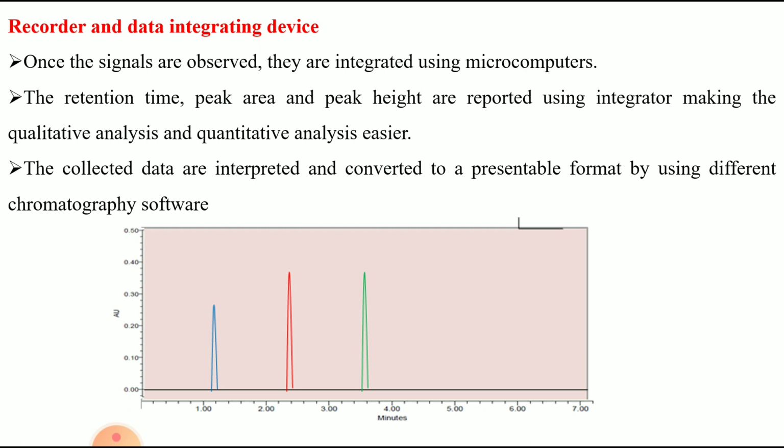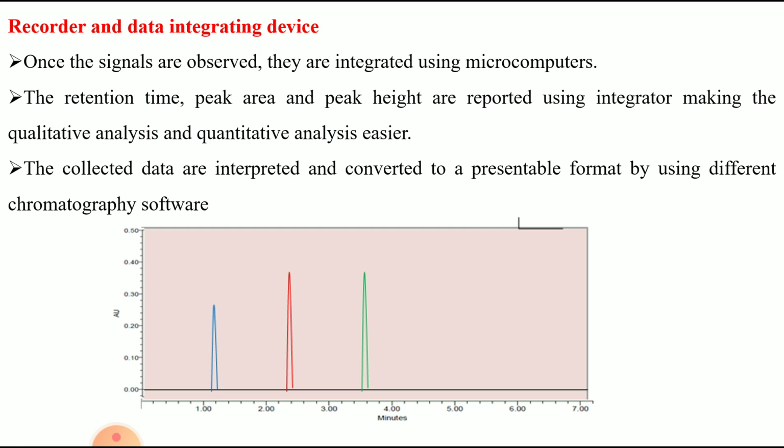So they will be converted into a chromatogram. In this chromatogram, we measure the retention time of the peak, the peak area, and the peak height. Here the retention time represents the identification or qualitative analysis of the compound, and the peak area or area under the curve represents the quantitative analysis of the compound.